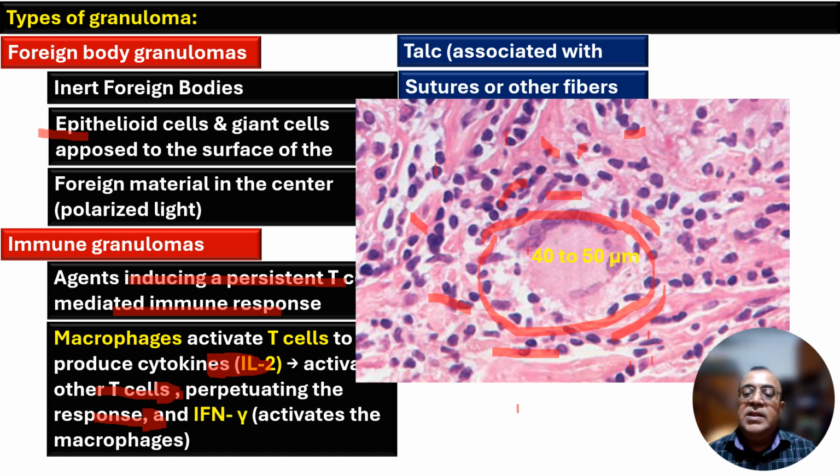Over here, the nuclei are arranged on the periphery. They form a horseshoe shape pattern, as you can see here. This type of giant cell is termed a Langhans type giant cell.